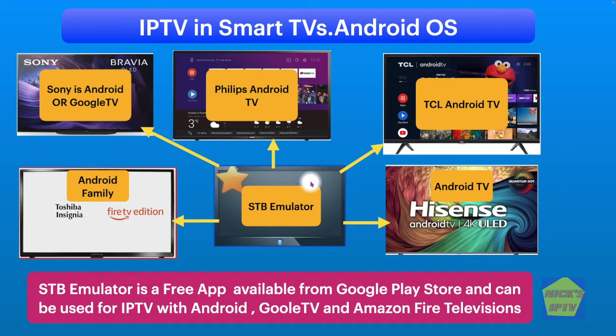This is a little involved setup, but guides are available. I am providing the link for setting up the IPTV service on televisions in the description below. You can see it, and it's a good solution, and mostly your TV remote control can be used for all IPTV functions. This is only for Android televisions.